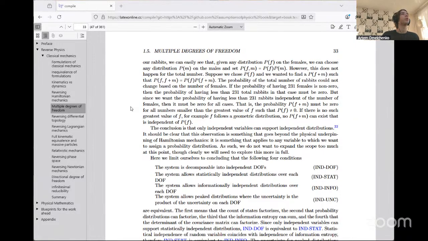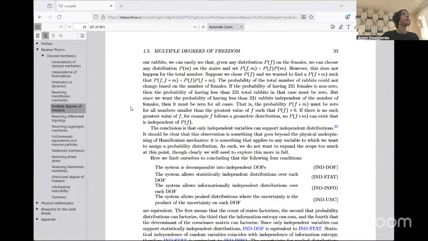If the probability of having 231 females is non-zero, then the probability of having less than 231 total rabbits in that case must be zero. But since we want the probability of having less than 231 rabbits independent of the number of females, then it must be zero for all cases.